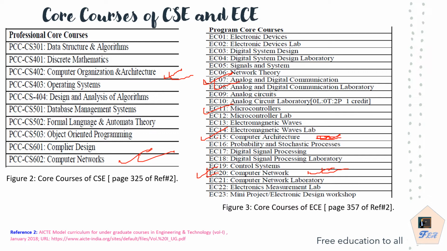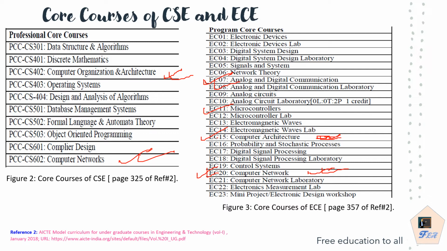Now, second observation is that data structure, DBMS, object-oriented programming using C++, Java or Python, these are offered to the students of ECE and CSE in most of the universities. And that may be either as program elective or as open elective. It depends, it varies from university to university.